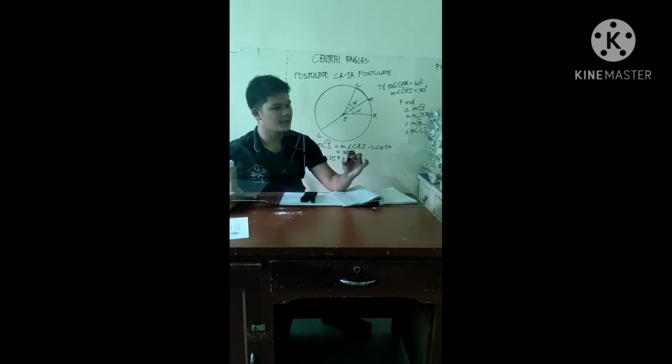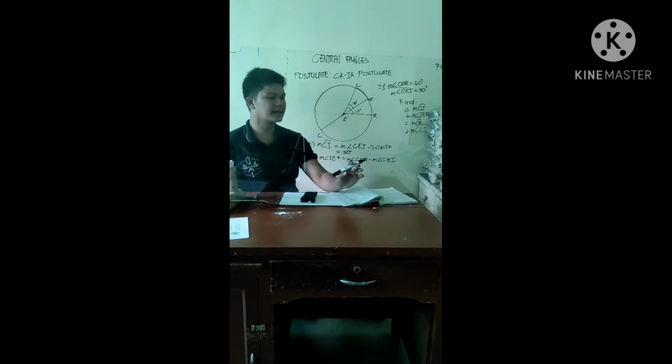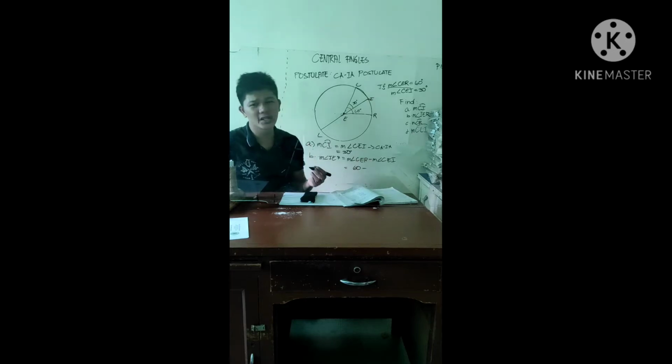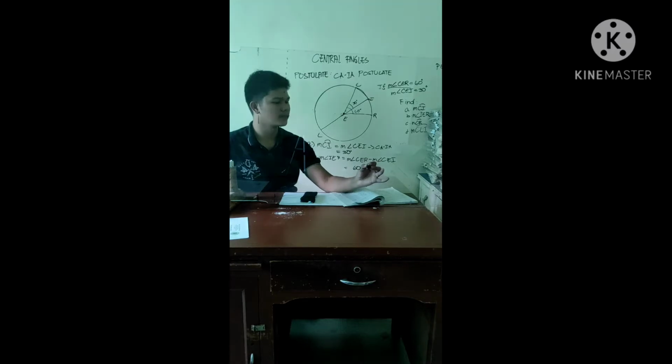So, we have measure of angle CER minus measure of angle CEI. Okay? So, yung measure ng angle CER natin is 60. Minus measure ng angle ni CEI, that is equal to 30. So, ano lang yung natira?